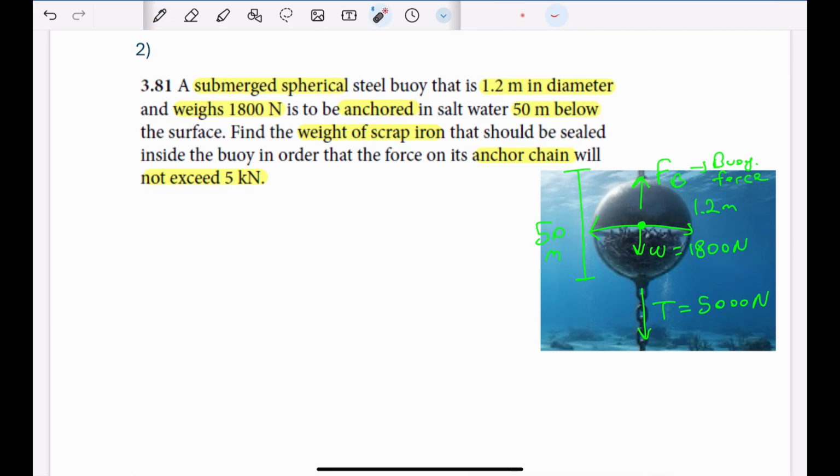So briefly, this buoyancy force will try to pull this buoy to the surface, while this anchor chain will try to pull it downward, so that we will have this opposite force.